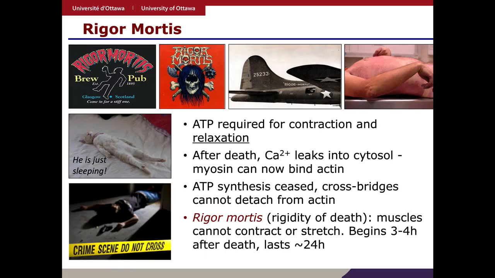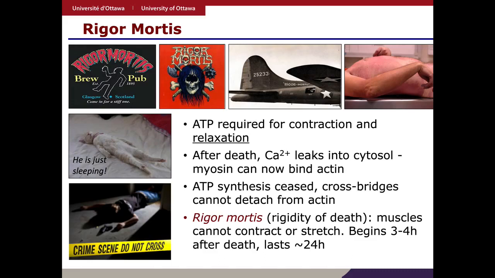In addition, cellular degradation begins, and membranes become leaky, allowing calcium ions to enter the cytosol from the SR. The elevated calcium removes the tropomyosin block, allowing myosin to bind actin. But since there's no additional ATP, myosin remains bound and no movement occurs, which fixes muscles in position.